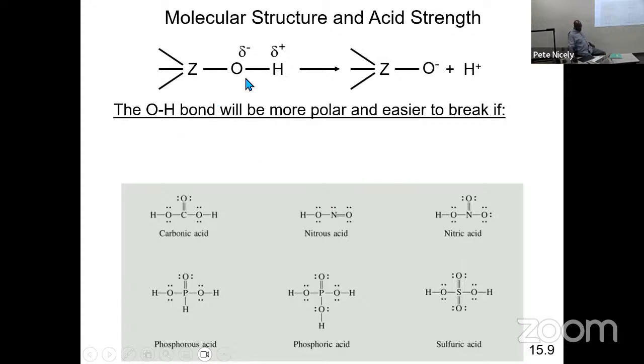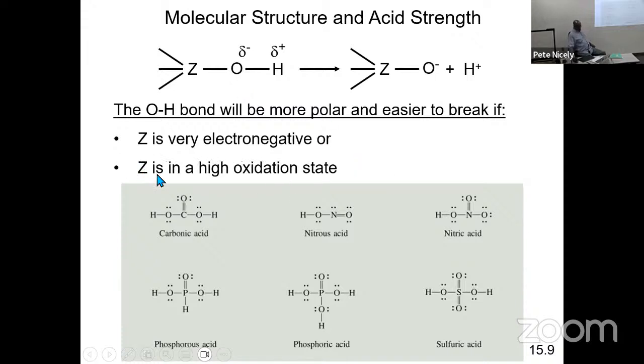Now it says here that the OH bond will be more polar and easier to break if, one, Z, this atom here, which is bonded to oxygen, is very electronegative, or if Z, that same atom, is in a high oxidation state, right? So if this atom is either very electronegative or has a high oxidation state, then the more likely this bond will be broken, and therefore the more likely the acid would be stronger, right? So we have some oxyacids here, like carbonic, nitrous, nitric, phosphorus, and so on.